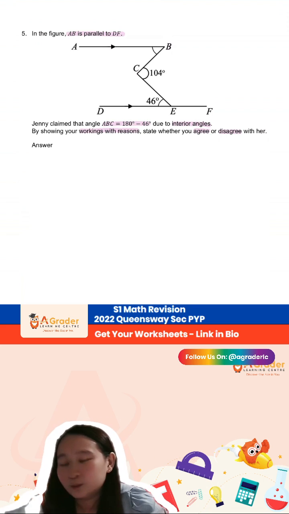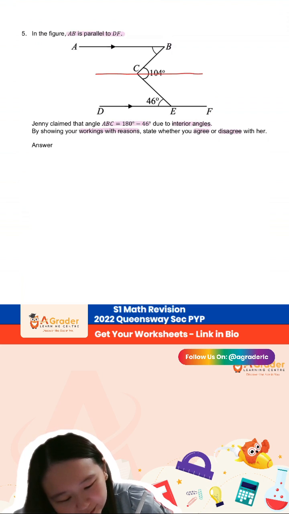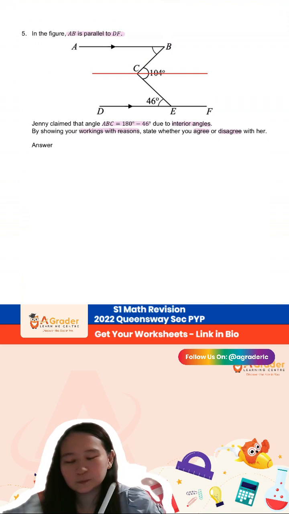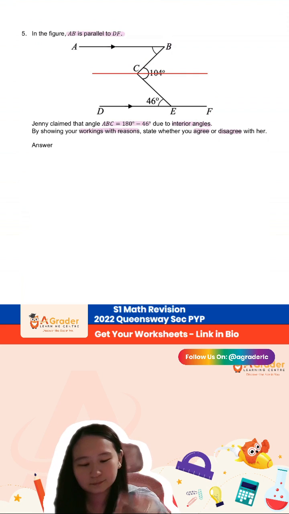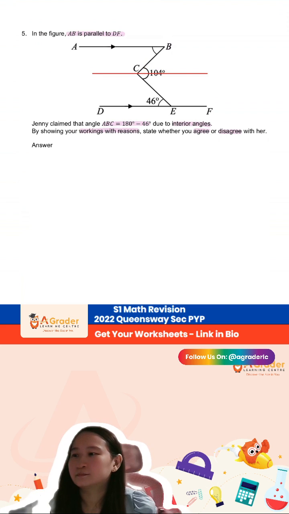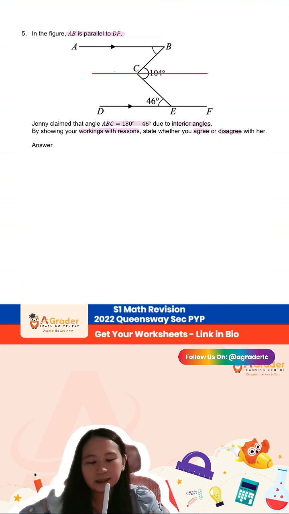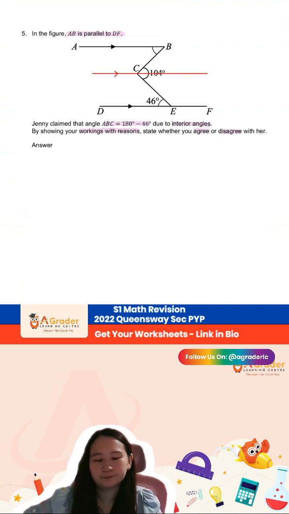Okay, we can add in a line here. So you draw a line that is parallel to AB and DF that is passing through the point C.